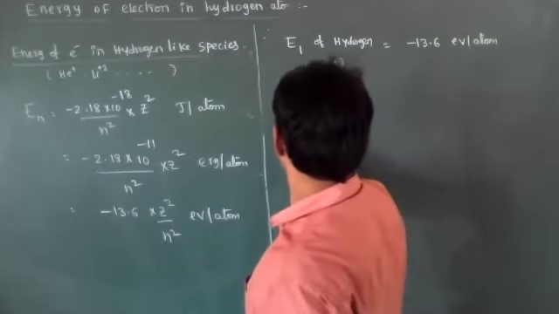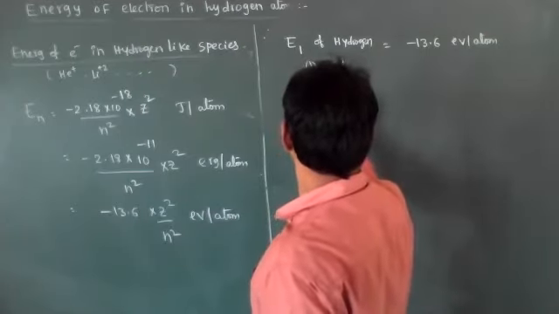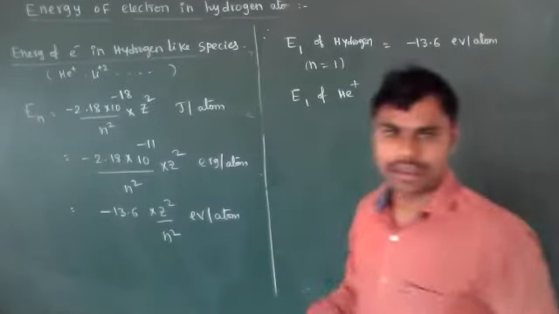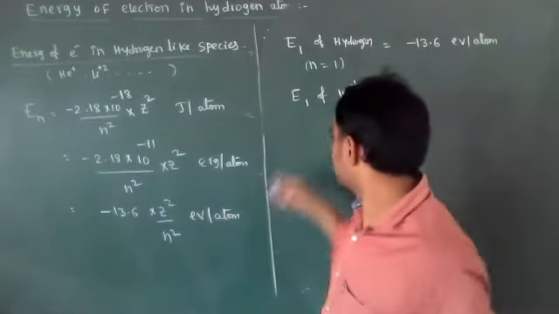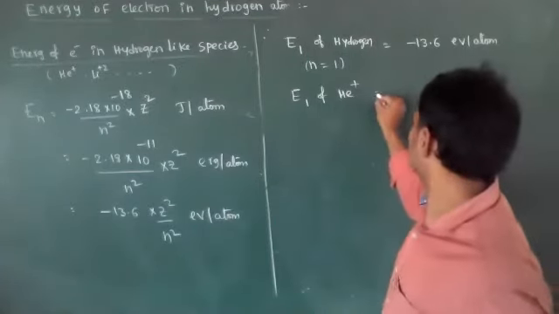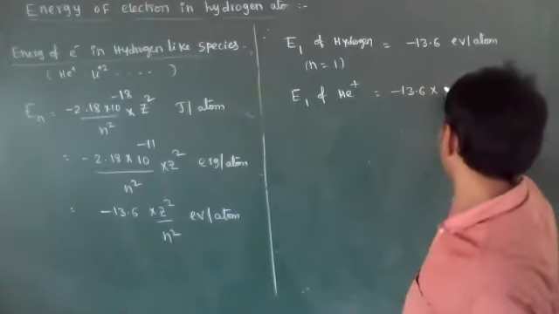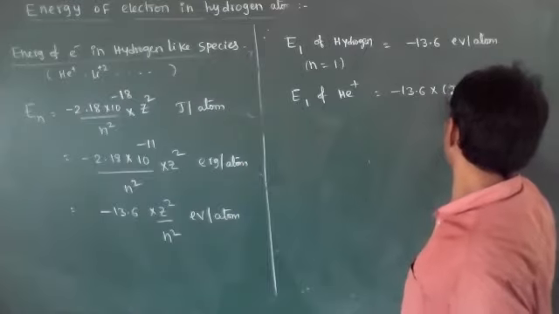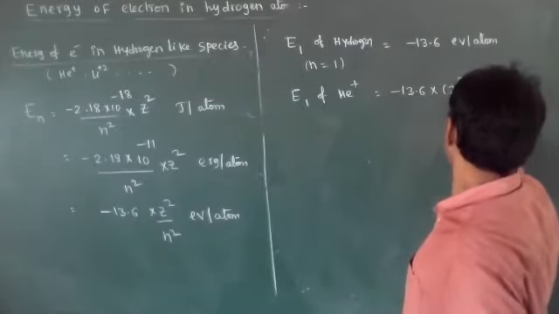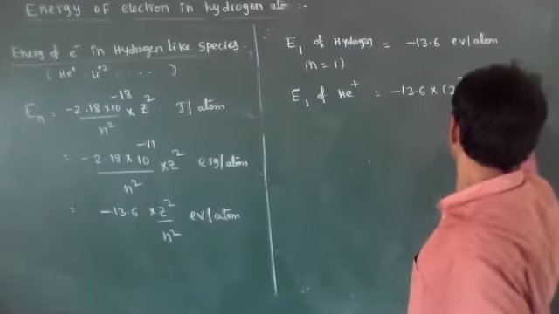E1 of He+. For hydrogen-like species helium, E1 is equal to minus 13.6 into Z square. Z square value is 2 whole square, electron volt per atom.